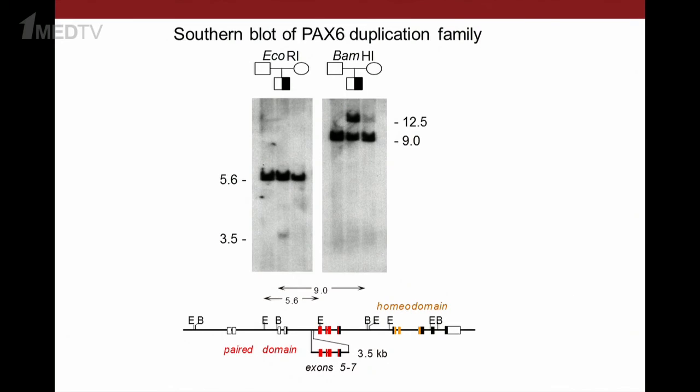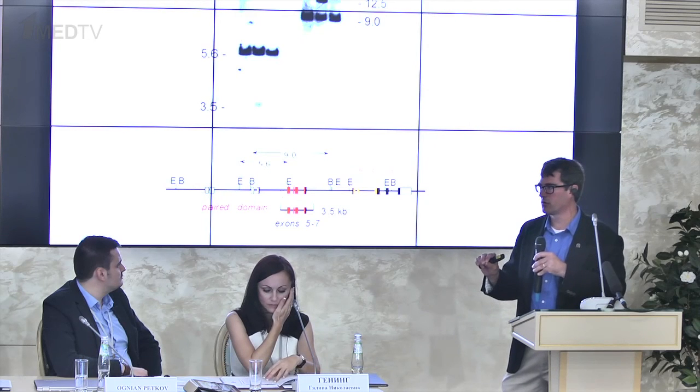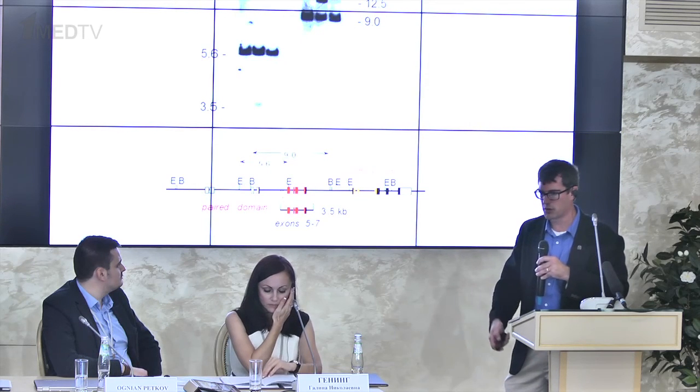When we looked at his DNA, this is again a representation of the PAX6 gene on a chromosome. This red box is the same red box that I showed you earlier, and it was duplicated in this child. And so a duplication or an alteration of PAX6, and we know the protein is made, but the function of the protein has been changed so that it no longer does the appropriate job.